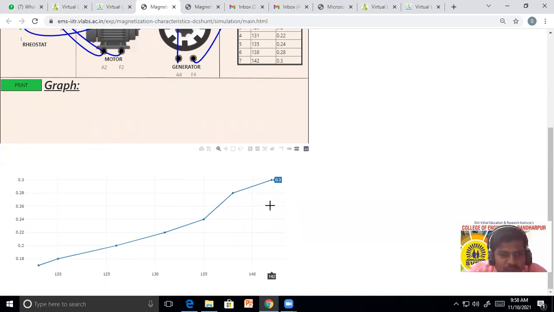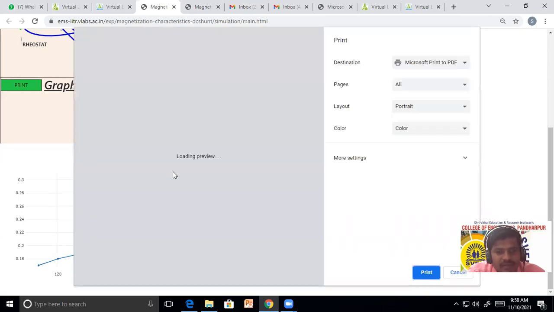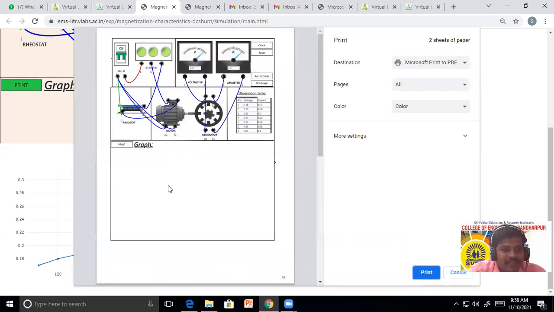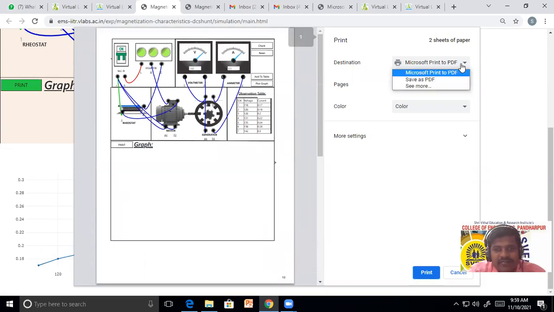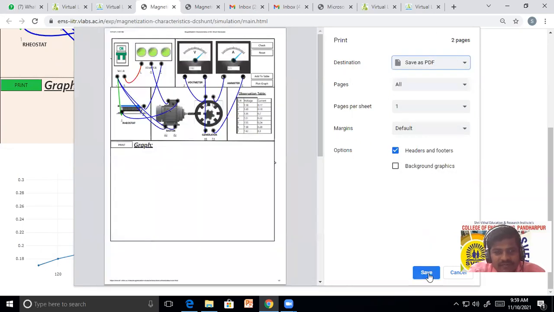So if we want to print this graph, just click here. print केलं की कनेक्शन डायग्राम प्लस ग्राफ हा सेव्ह होईल. So this graph, and just save as a PDF.